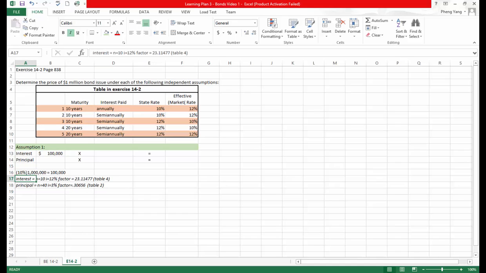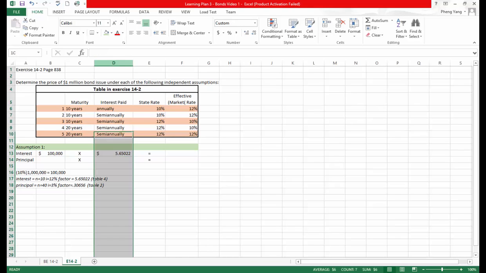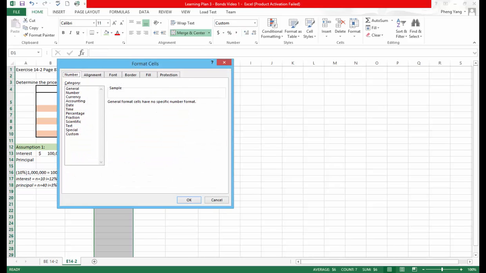So our factor here in table 4, because we're going to be using the same table since there's a series of equal payments, using table 4 for present value, our factor is going to be 5.65022. Okay. And this should just be a number, so I'm going to format my cell again.